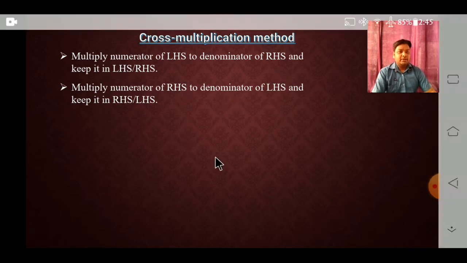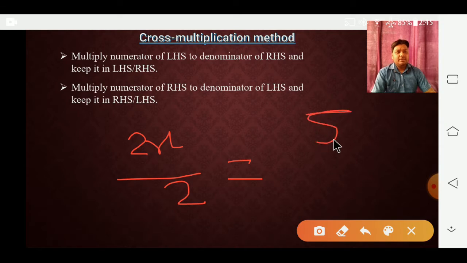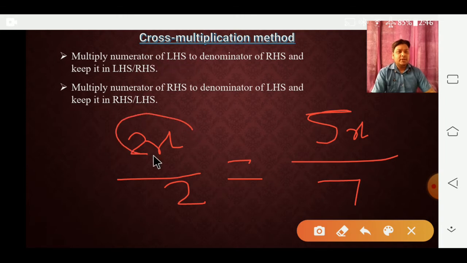It means if it is given that 2x by 2 is equal to 5x by 7, then what will we do? Numerator of LHS, 2x, to the denominator of RHS, which is 7. We have to multiply these two terms and keep the product in LHS or RHS.